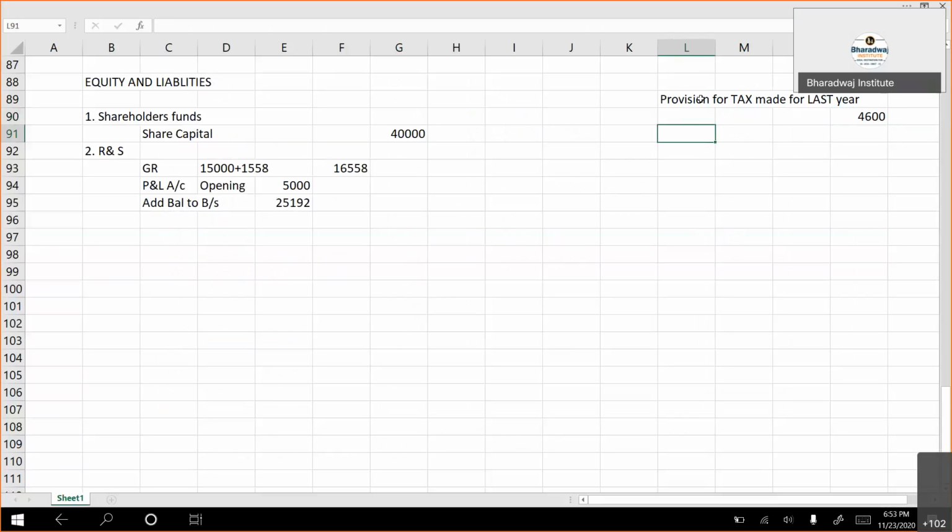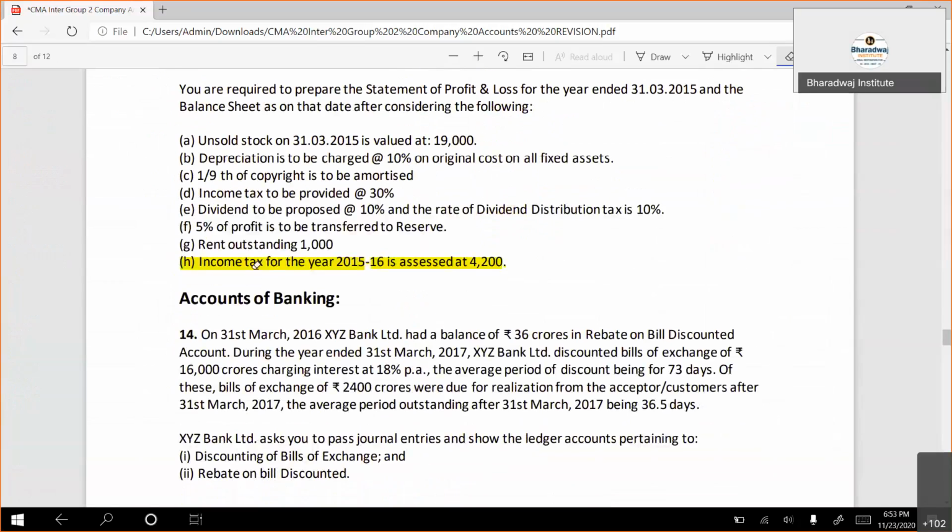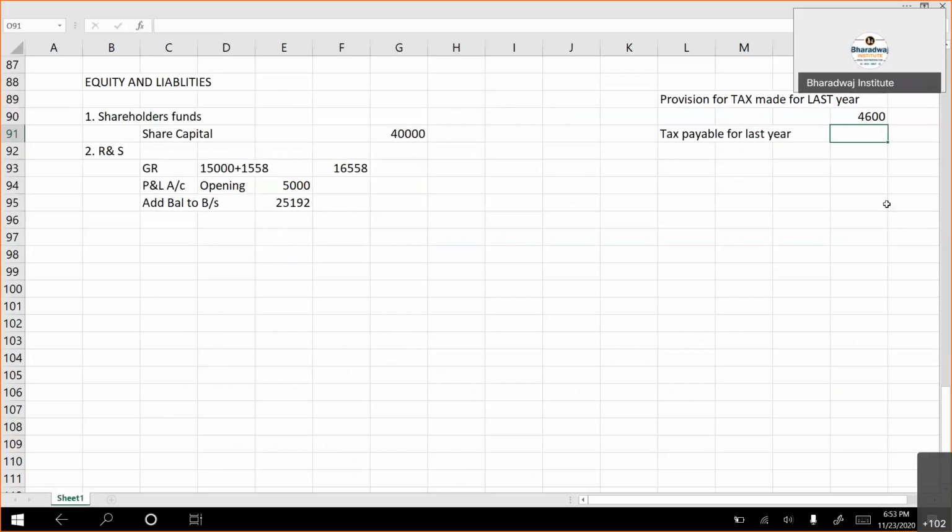But what is the tax payable for last year? That will be given in the adjustment. Income tax for the last year is only 4,200. There is a surplus provision in income tax, 400. This surplus provision will be added here.